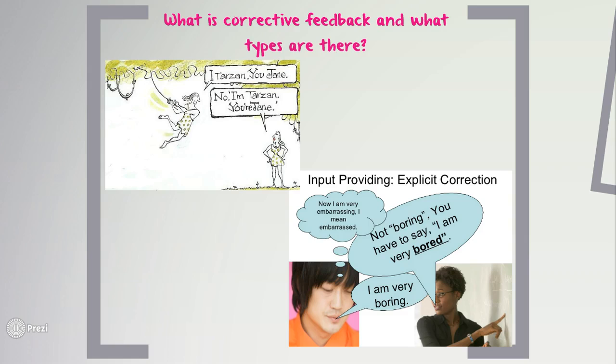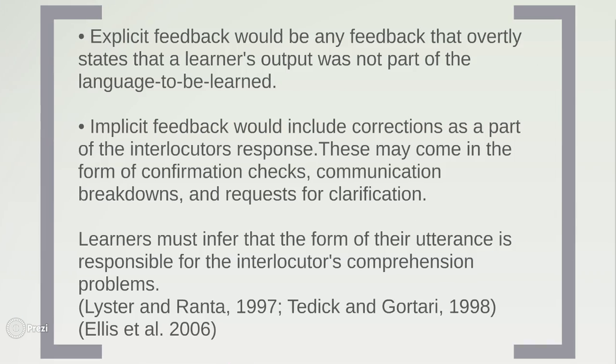So things like direct corrections, metalinguistic or negotiated feedback, prompts, these are methods of providing explicit feedback, and ultimately the job of explicit CF is to get the student to draw out or develop a more accurate construction.